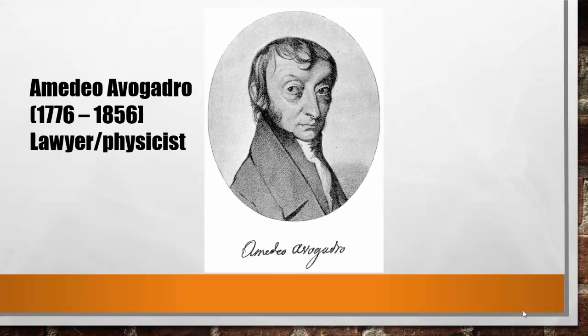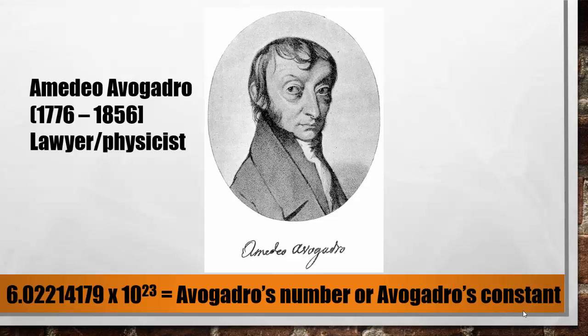He was a lawyer and a physicist and did an awful lot of work with gases, and he's the person who realized, or first came up with the idea, that the number of gas particles was directly related to the atomic mass. And so when they finally calculated the value of 1 mole, they named it in honor of him, and so it's called Avogadro's number, though he never had any idea of what that value was.